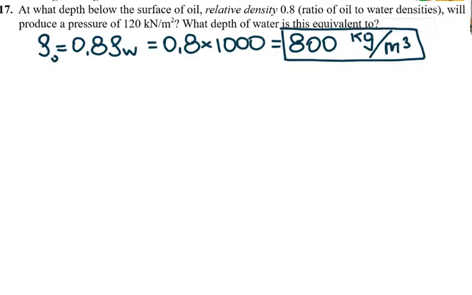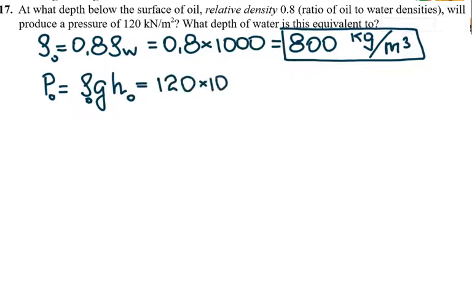And the pressure formula says that it is equal to rho g h. They say that the pressure produced by the oil, we don't include the atmospheric pressure, is equal to the density of the oil times g times the height of the oil, and that is equal to 120 kilopascal, or 1.2 times 10 to the fifth Pascal.